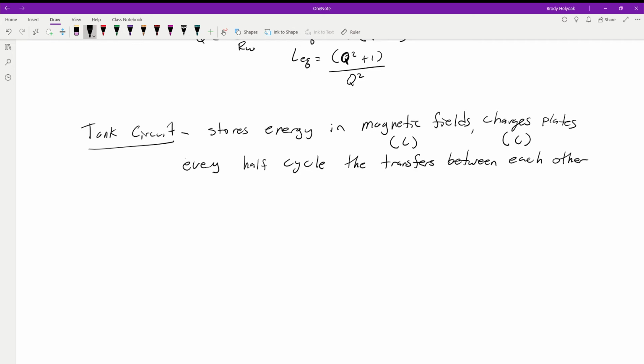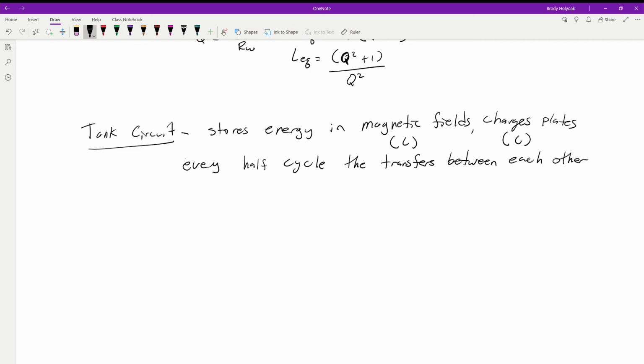So we get a positive charge on the capacitor, then we get a negative magnetic field on the inductor. Every half cycle, we're going to see the capacitor discharge, and then the inductor discharge its magnetic field, and then we're going to see them flip-flop back and forth. And so that's where we get the cycling. That's one of the big things the tank circuit does: it's able to transfer the voltage it has stored in the charge and in the field back and forth.